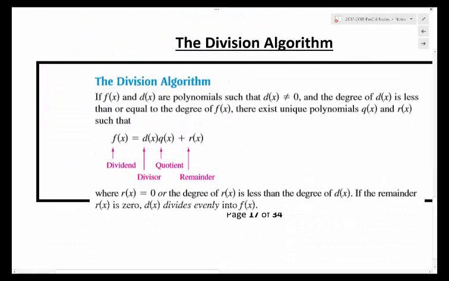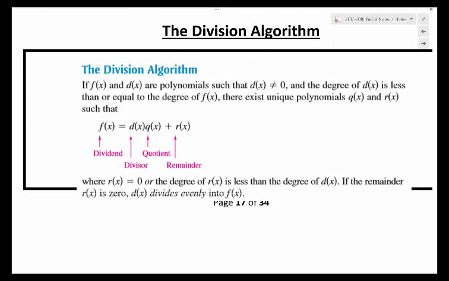The division algorithm states that if f of x and d of x are polynomials such that d of x does not equal 0, and the degree of d of x is less than or equal to the degree of f of x, then there exist unique polynomials q of x and r of x such that the dividend f of x equals the divisor d of x times the quotient q of x plus the remainder r of x. So pause to write that down.